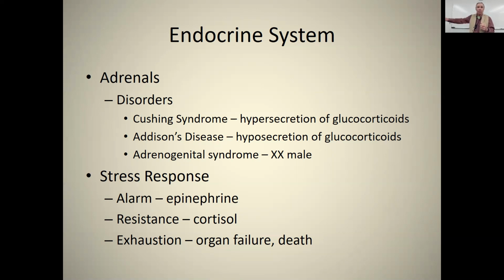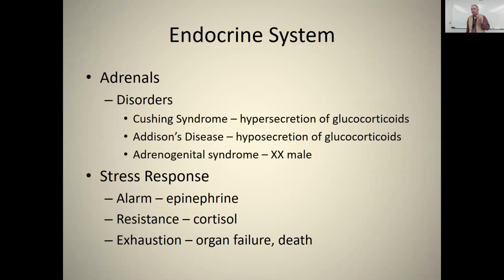Late next semester, we're going to talk about how you make a male and female infant. The trigger is testosterone. Either the absence of testosterone makes a female, or present testosterone triggers male organs, male genitals. So this is also called congenital adrenal hyperplasia.